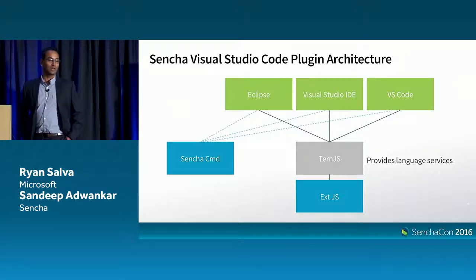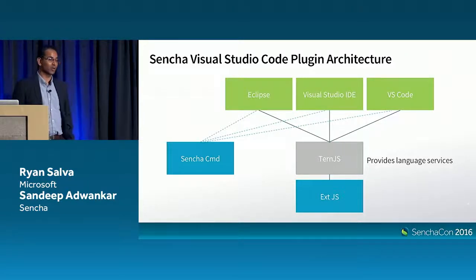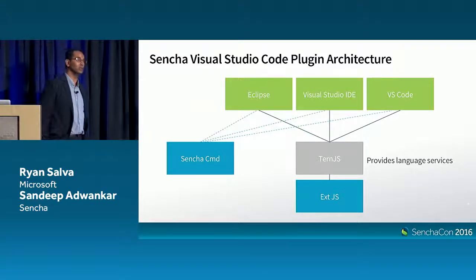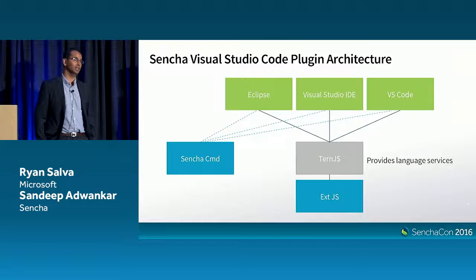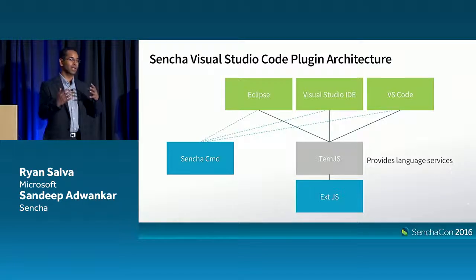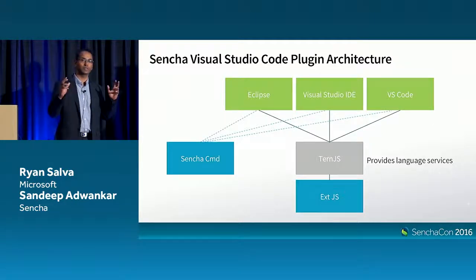So the Visual Studio Code plugin architecture is going to use Turn.js. Those who have used Eclipse as well as the Visual Studio IDE know that there's a process that we offer which is not exposed to the developers, but it uses whatever XJS provides as a language definition server.